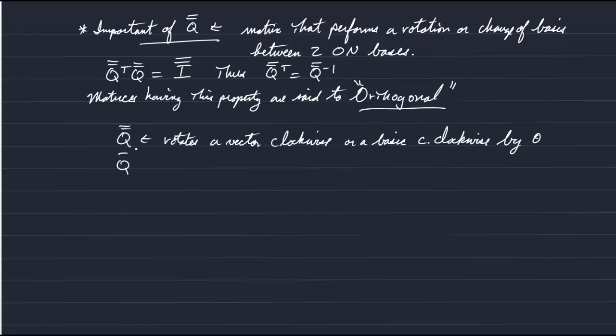And a simple interpretation of Q transpose or Q inverse is it does the opposite. It rotates a vector counterclockwise, or a basis clockwise, by theta.